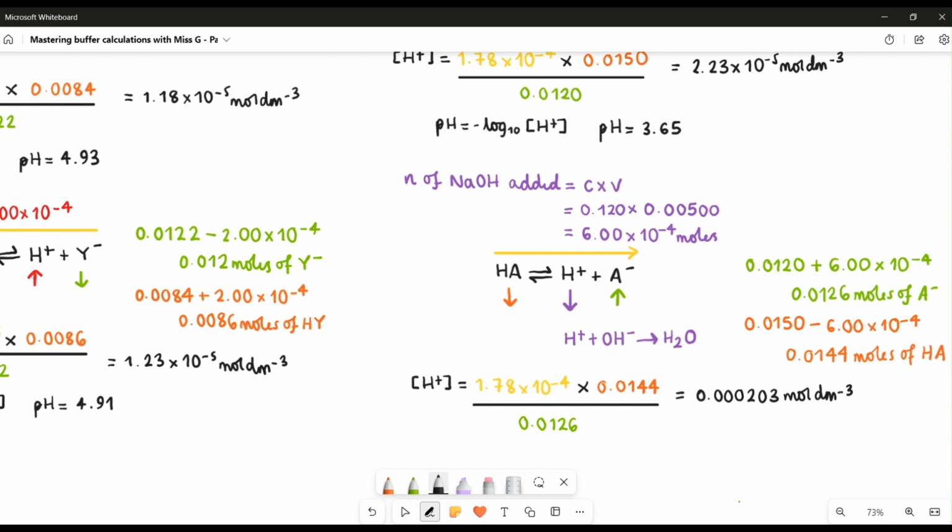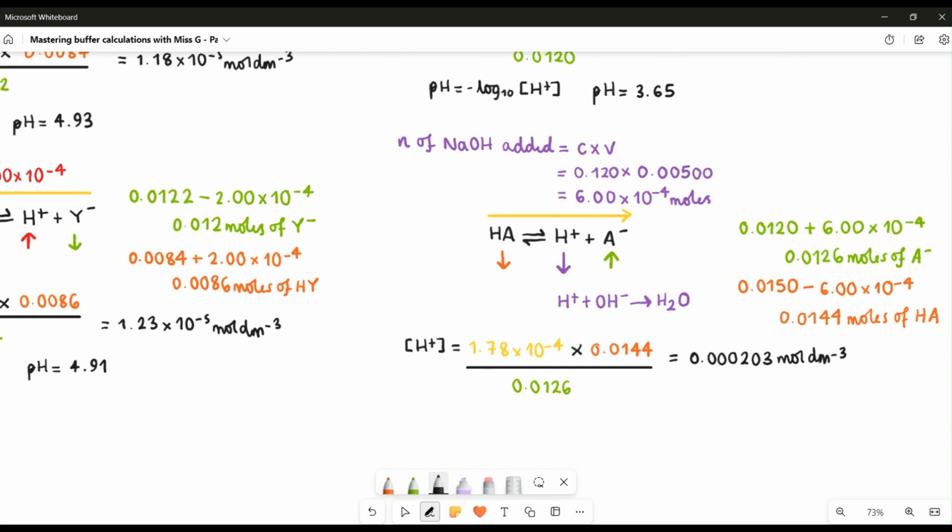I'm not sure why my calculator hasn't automatically given me that in standard form, but there we are. And that will then give us a new pH, which should be nigh-on identical to the pH that we had before. 3.69.